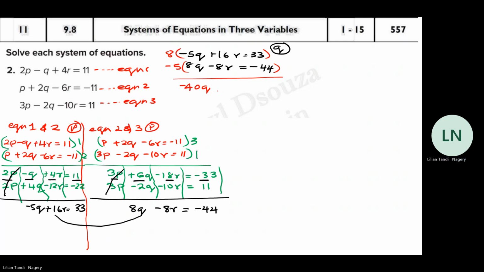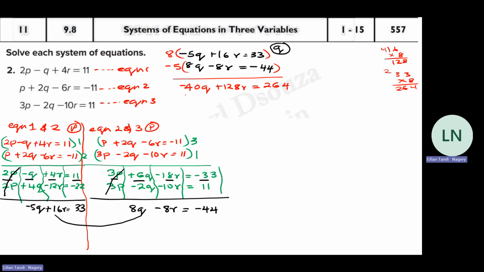Okay, 8 times 16, 16 times 8, 128, plus 128R equals what is 33 times 8, 24, carry 2, 24, 264.